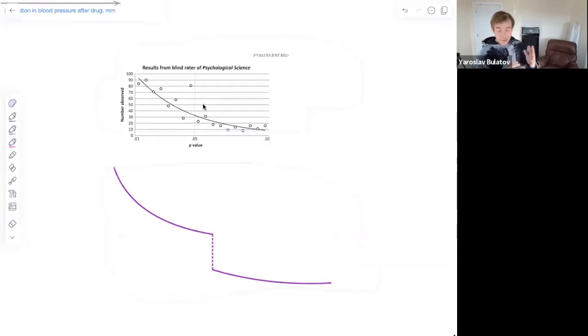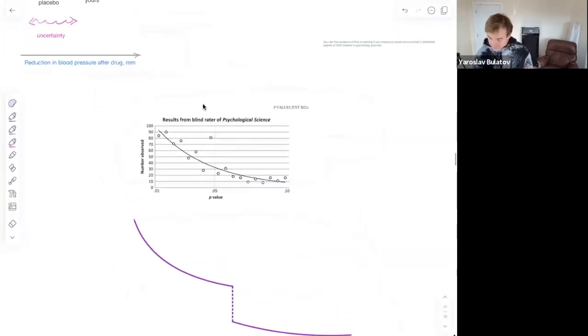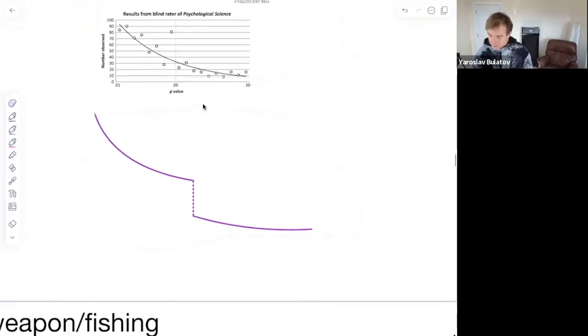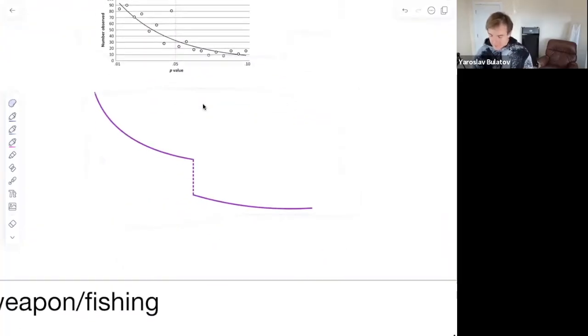If you didn't have any p-hacking, you would expect the distribution of p-values to be exponential. There's a publication bias. Some papers don't accept things which don't work, but some do. There are journals of negative results, but there are fewer of them, so you expect a drop in reported p-values.